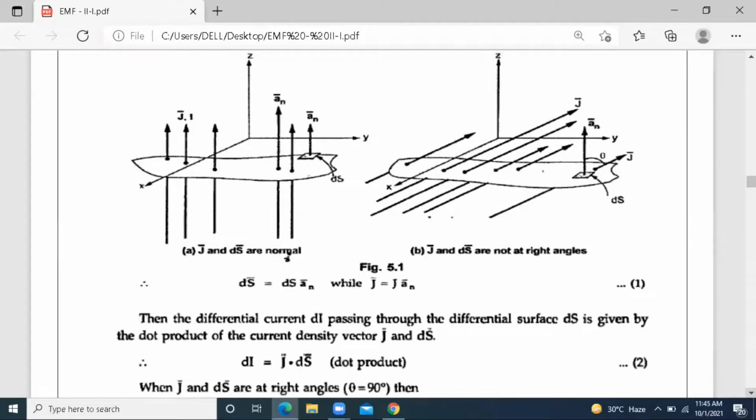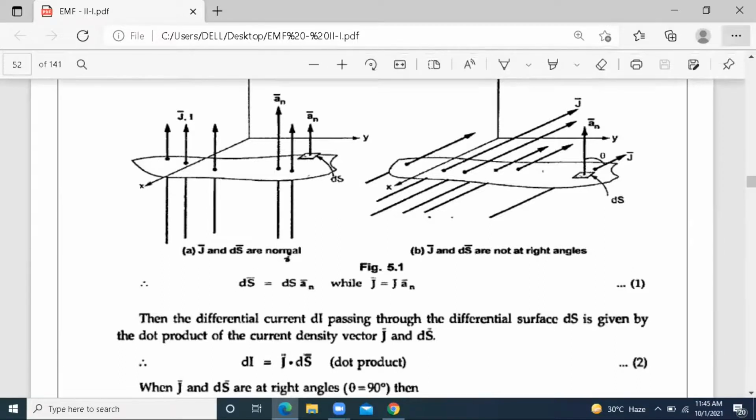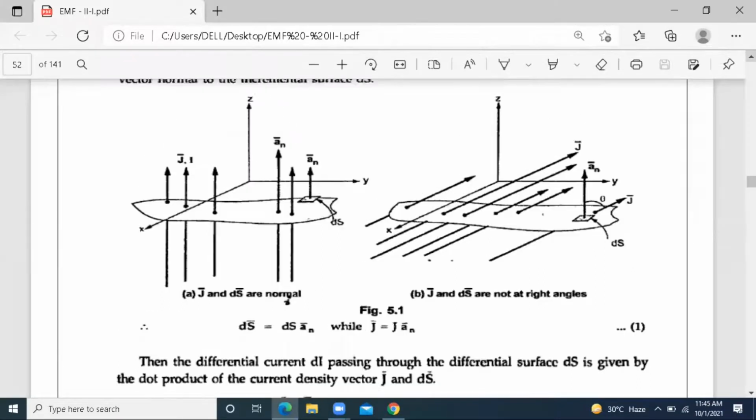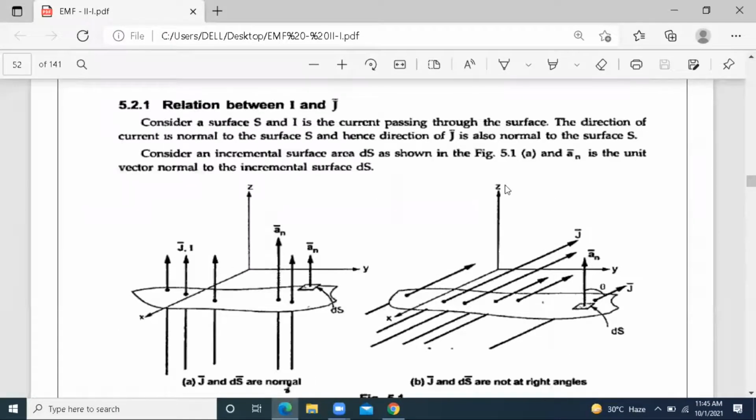So, this is your J. This is your current, right? So current is your J that's normal to the surface.